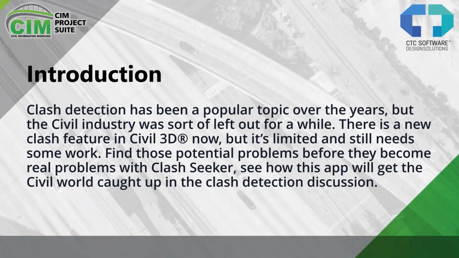Today we're going to talk a little bit about how we can discover and identify clashes within your drawing set using Clash Seeker. The civil industry has sort of neglected that for a while, and now there is some stuff out there for it, but it's pretty limited. So Clash Seeker will help us find discrepancies between just about anything.